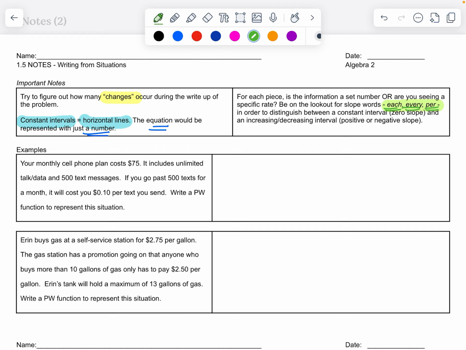Not only that there's going to be one, but the actual number for the slope is probably somewhere in the ballpark of where that's happening in the sentence in the write-up of the problem. So we want to focus on all those specific things as we go through these problems in this 1.5 section of the piecewise functions.